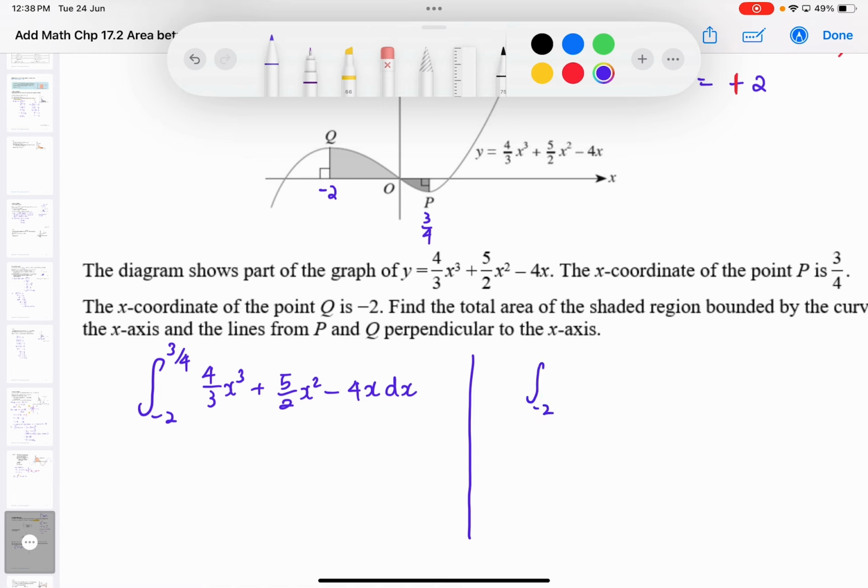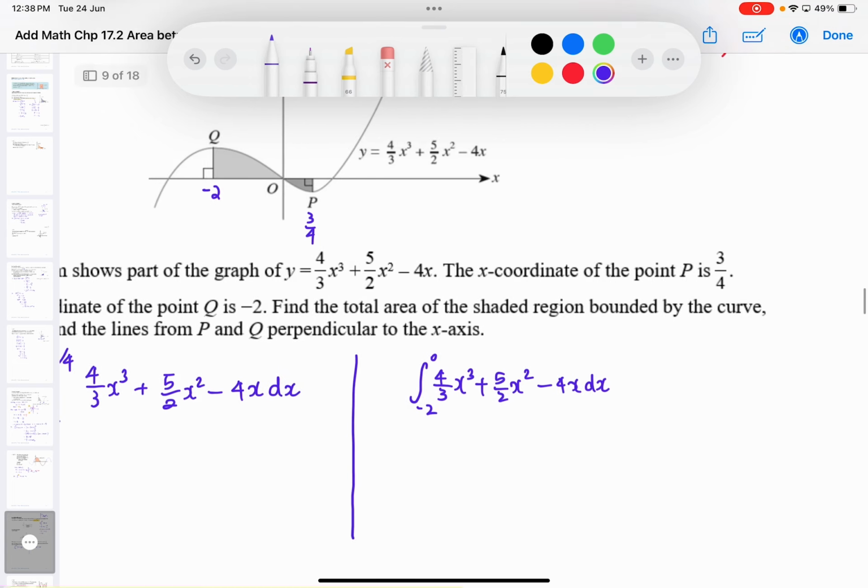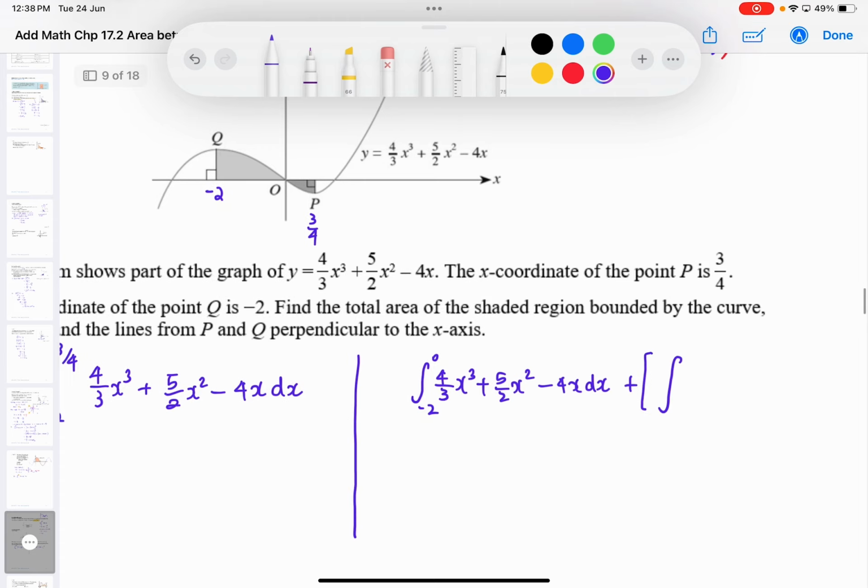Integrating from negative 2 to 0, that means the part above the x-axis. Then I add to it, because the part below the x-axis I know is going to be negative, so I'm going to take a negative of that from 0 to 3 over 4.